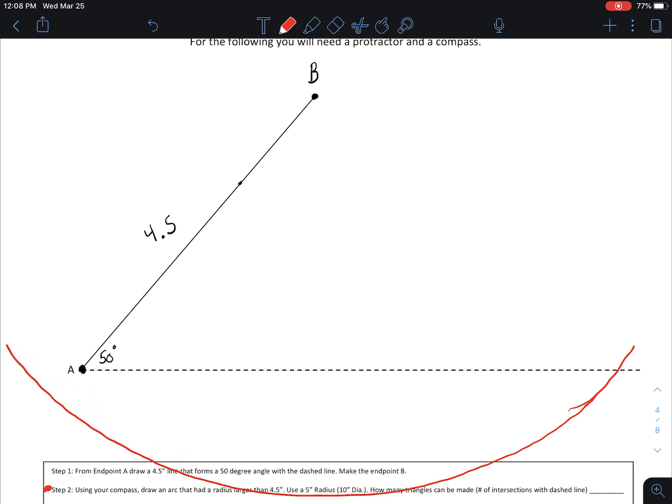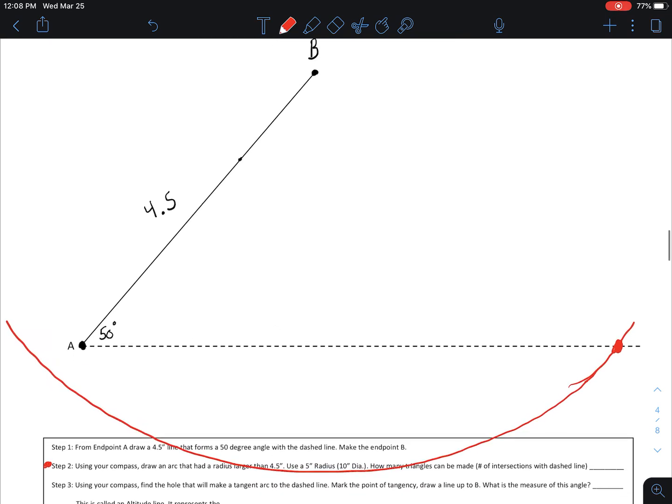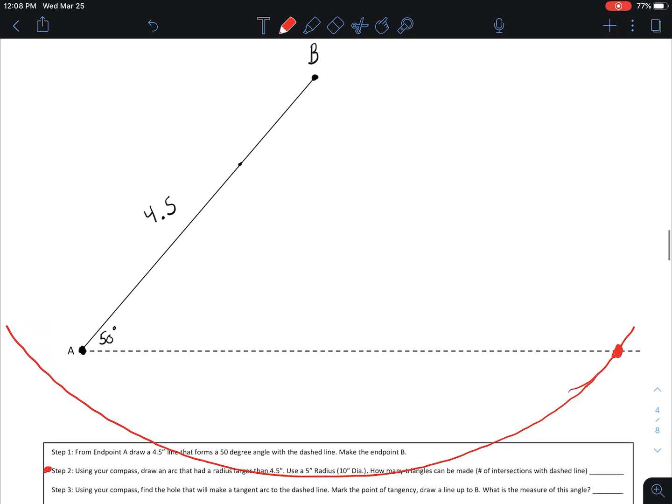And then the intersection here at this point would be the location of the possible triangle. The possible triangle in this case would be if I drew a line from B and connected it to this point.